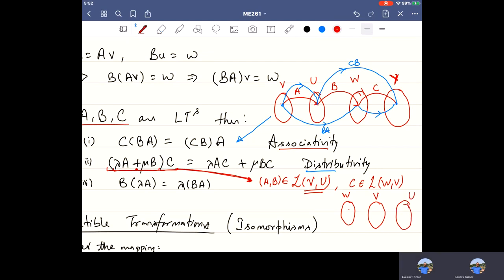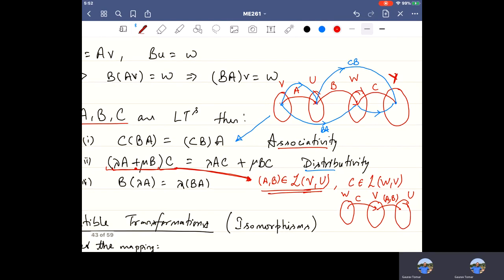So now this is a transformation C, and this is a transformation A comma B, right? So it comes from here. In that case, you can separately map using A and B and then add them up, right?